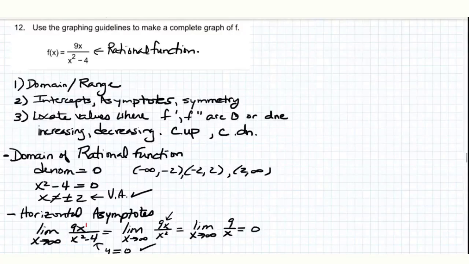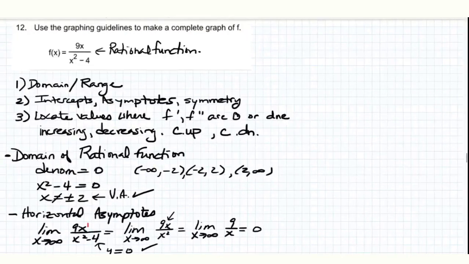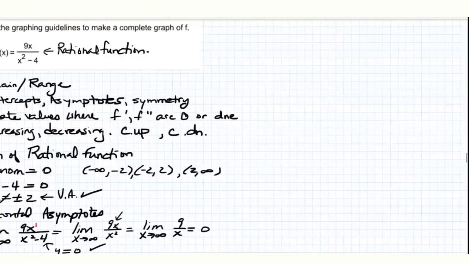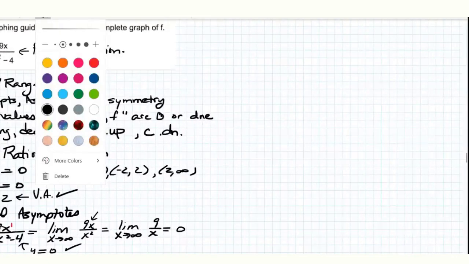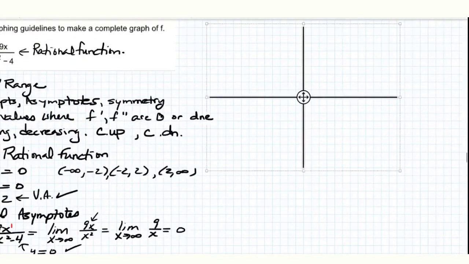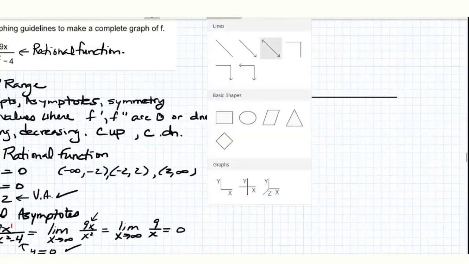Let's go ahead and start drawing a little bit of this graph, because the thing I like to put on a graph first is the asymptotes, because those are like guidelines for the graph. By the way, the limit to negative infinity for that one would still go to 0 even if the x were a negative value. So that's the only horizontal asymptote. I can't draw dotted lines very easily, so I'm going to use green to represent my asymptotes.